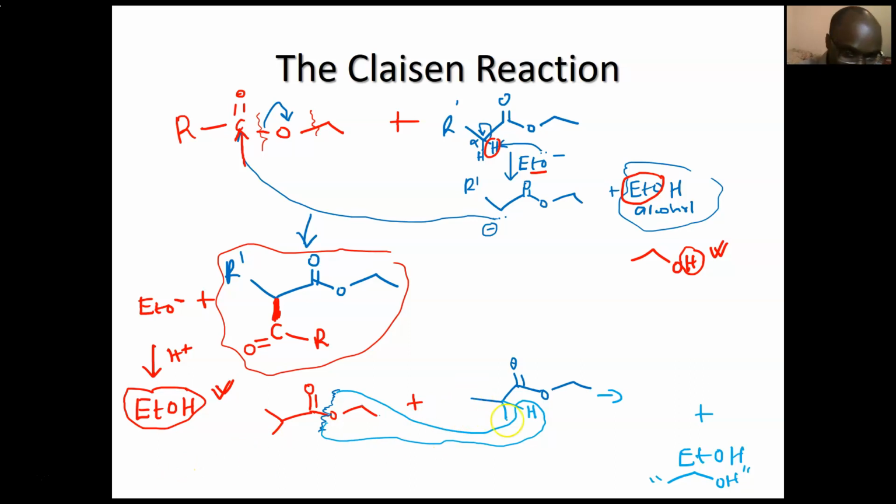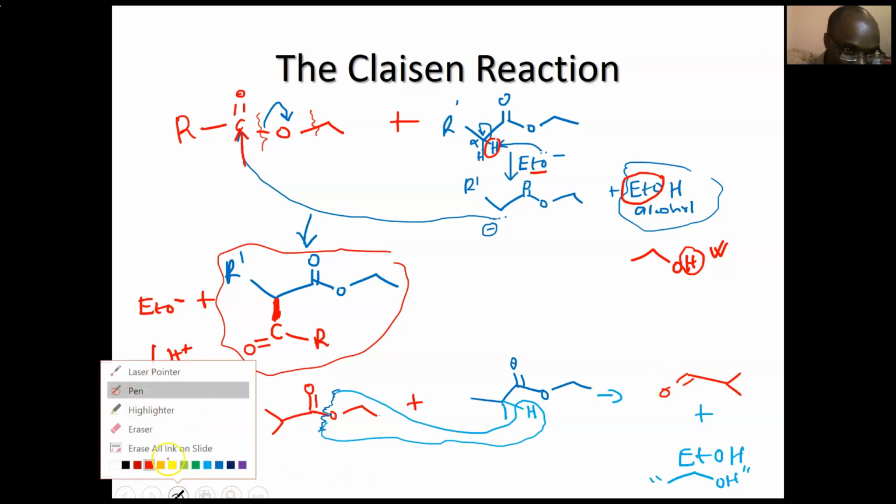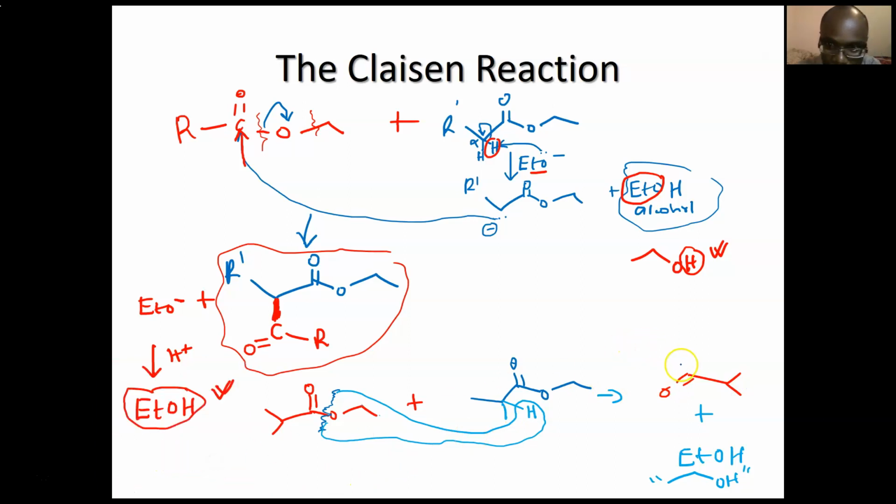And then you join this alpha carbon to the carbonyl. So the carbonyl will be down here. It still has its R group, and we're going to join it onto the alpha carbon of this ester.